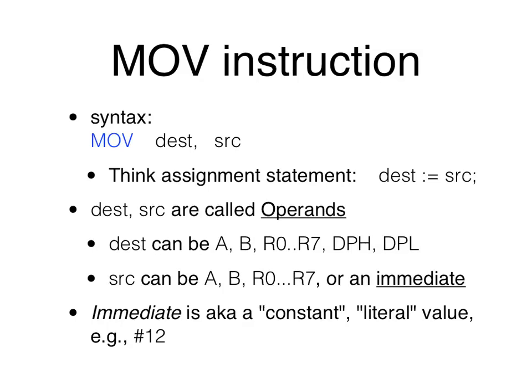But there are many possible combinations that are allowed. Destination and source are again called operands. Destination could be A, B, R0 through R7, DPH, DPL, and a bunch of others. Source can be A, B, R0 through R7, or actually a few more, something called immediates. What's an immediate?